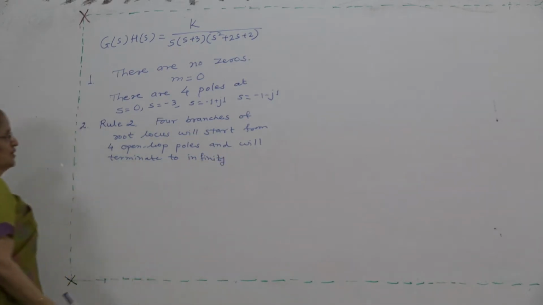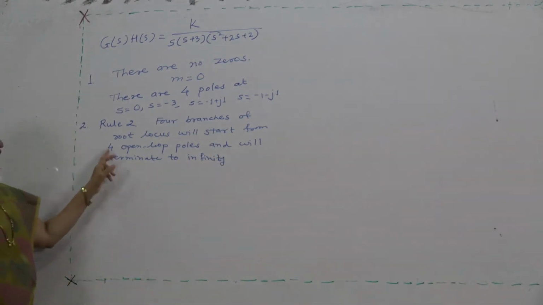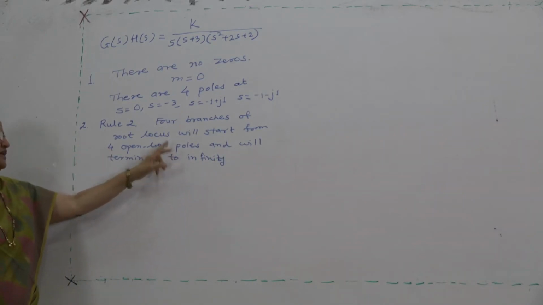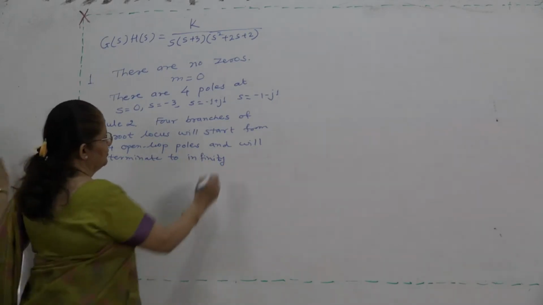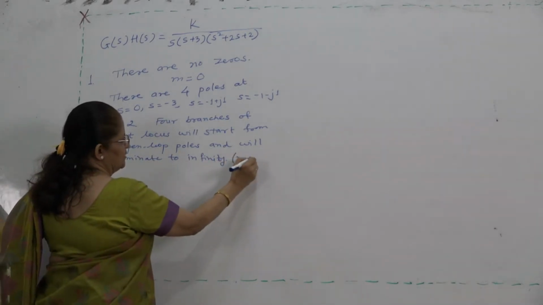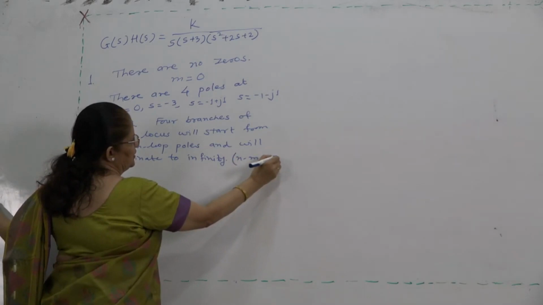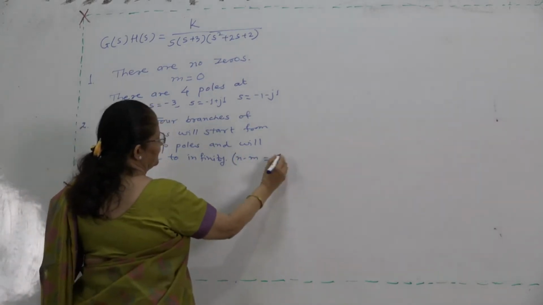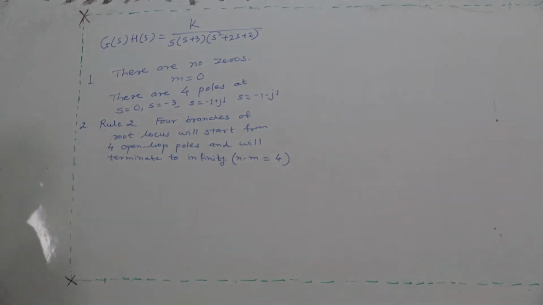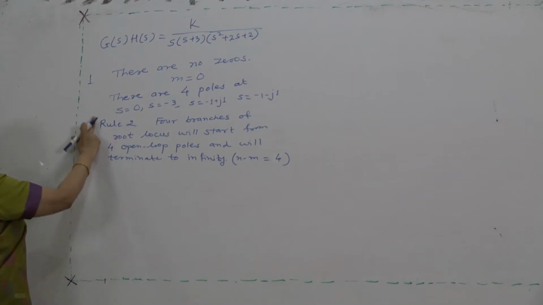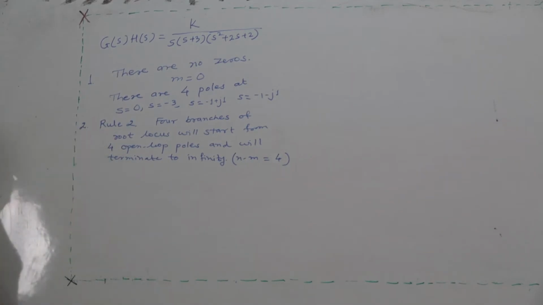Why? Because n minus m is 4. So, all the 4 branches will start from the open loop poles and will terminate at infinity, because here you can write n minus m is equal to 4. So, all the 4 branches will terminate at infinity. So, as per rule 2, we can say how many branches will be there, and where they will terminate, either at zeros or towards infinity.